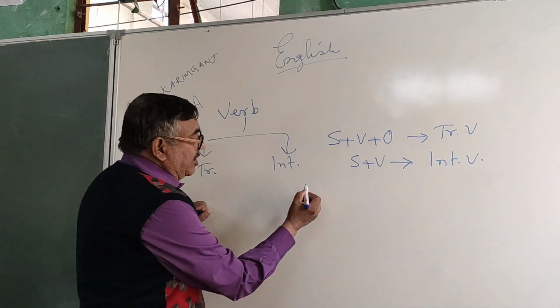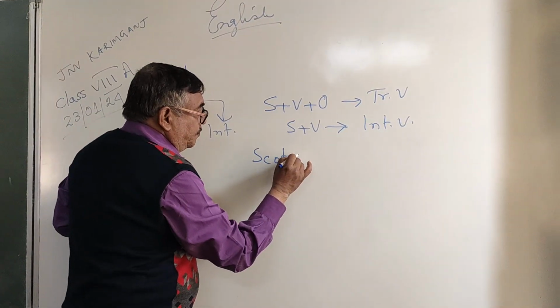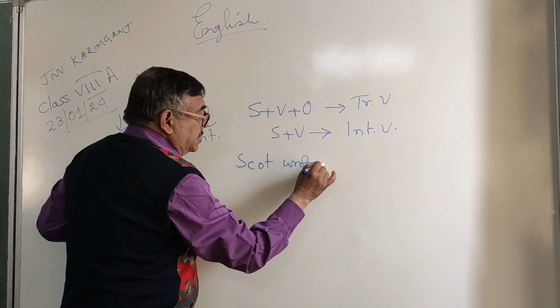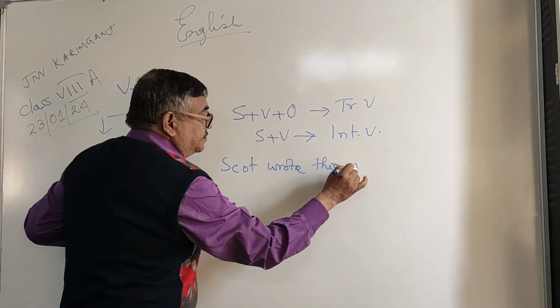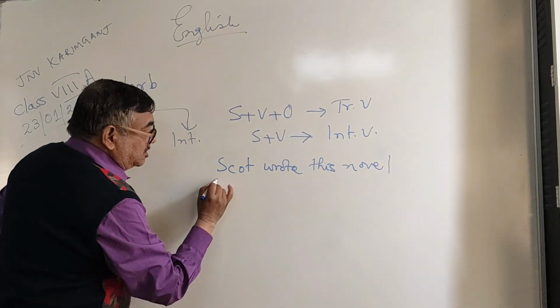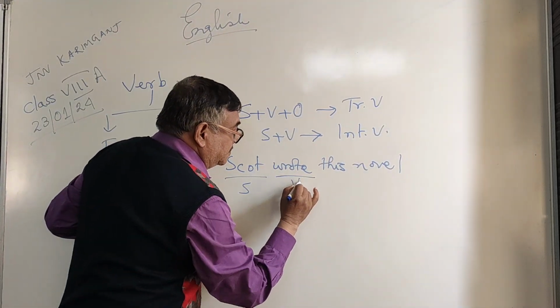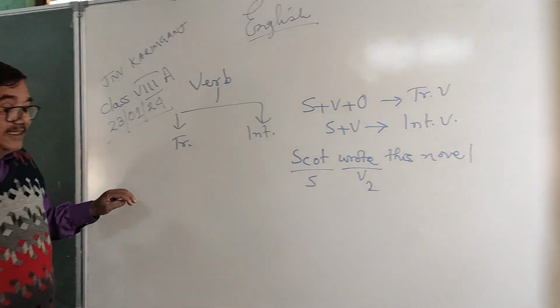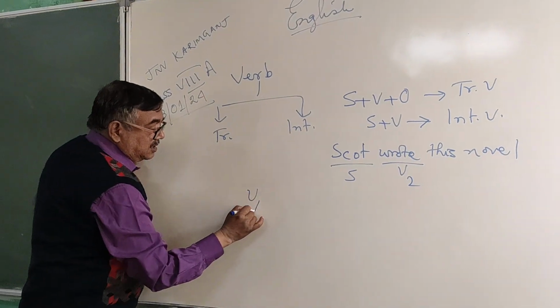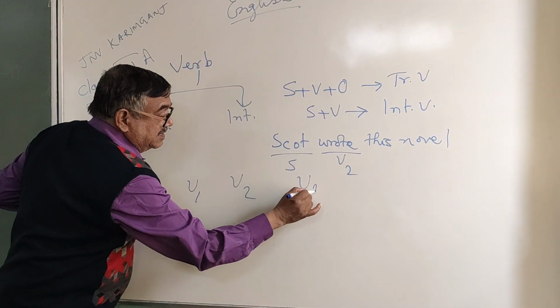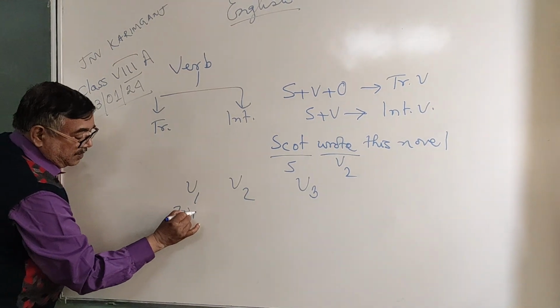Say if I write, Scott wrote this novel. Who wrote this novel? Scott is the subject. Wrote is the verb. The verb is in the simple past tense because the position of the verb is below V base 2.